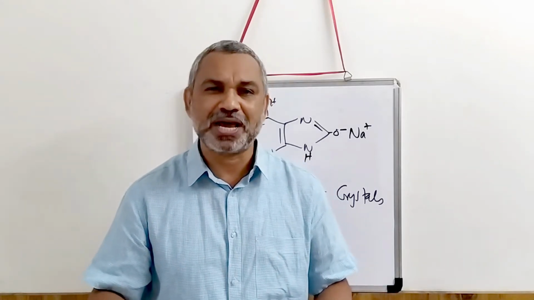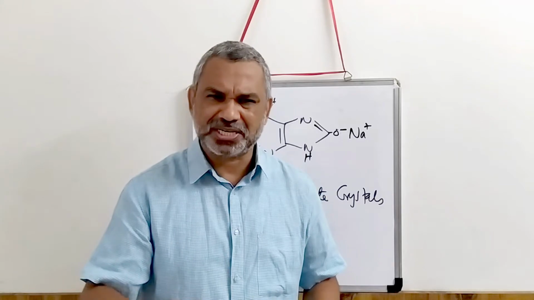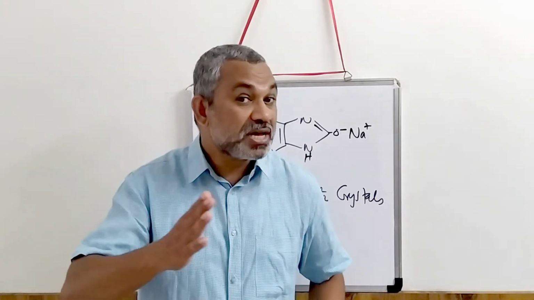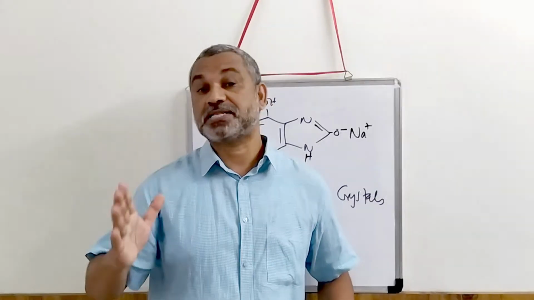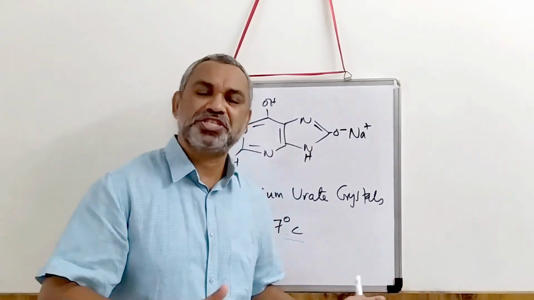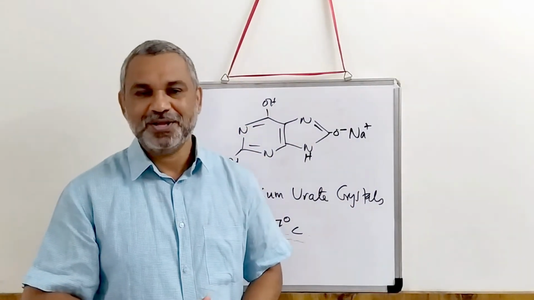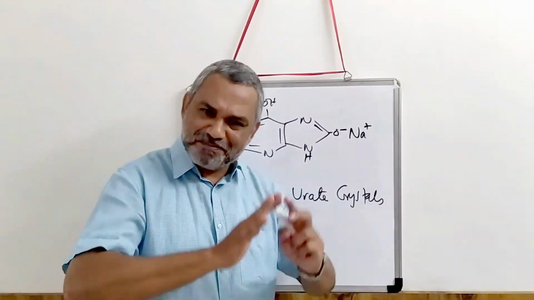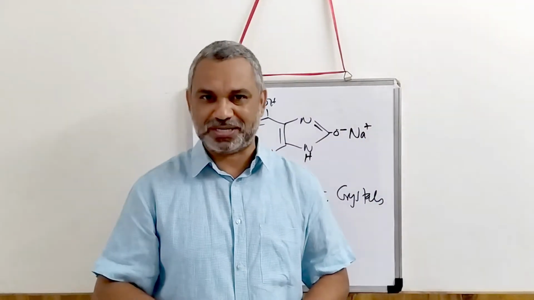Inflammatory response, you know that pain, inflammation, high temperature. So these are all symptoms of inflammatory response, resulting in severe pain associated with the gout. So this is the basic understanding of gout.